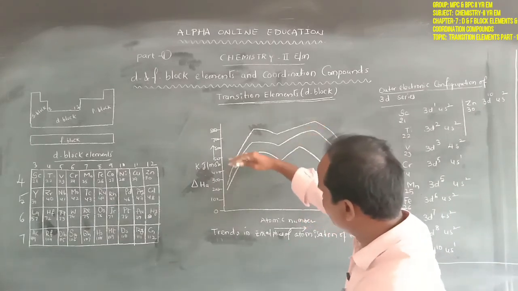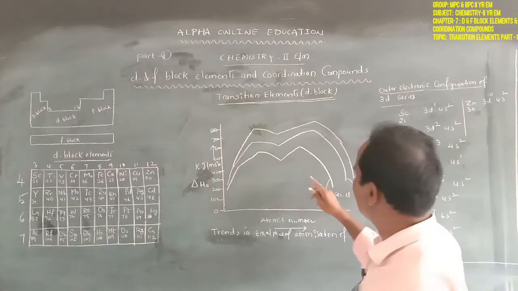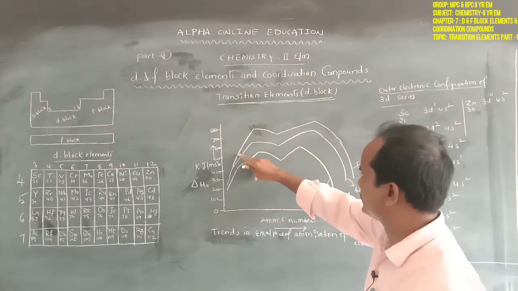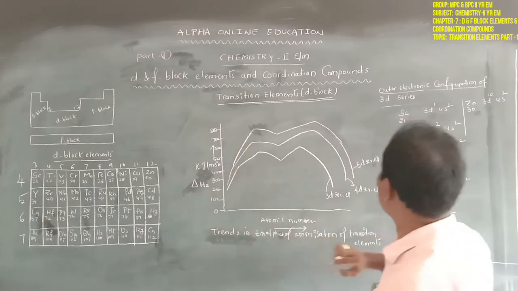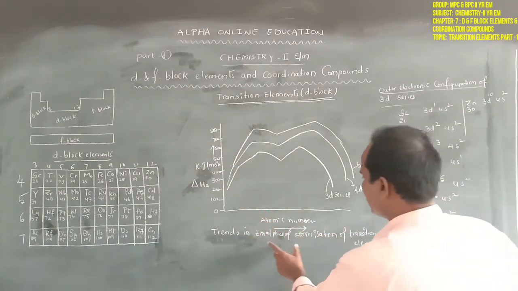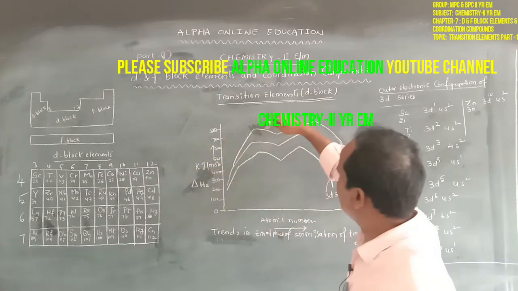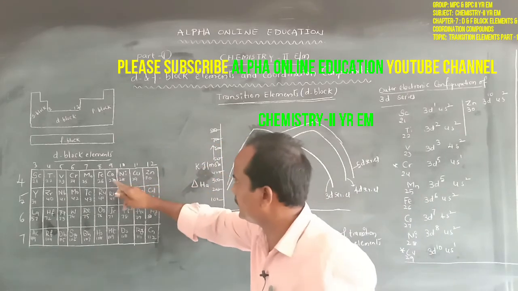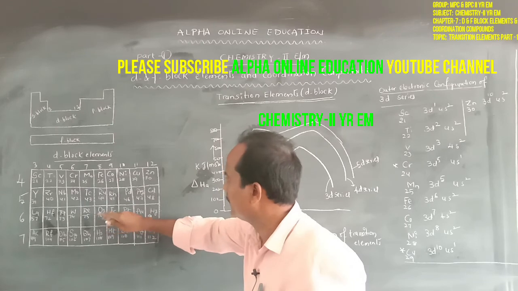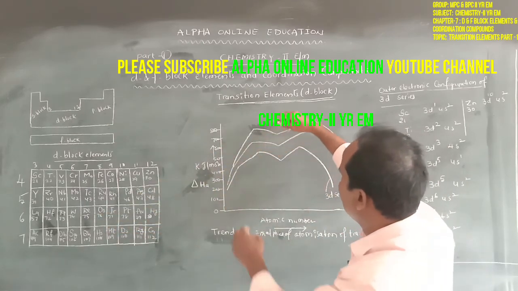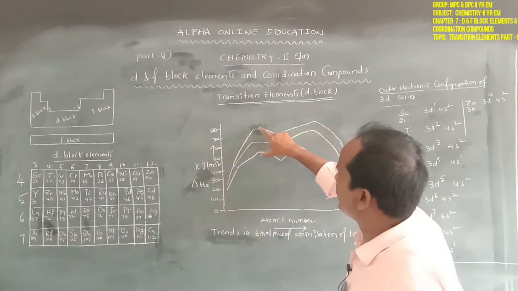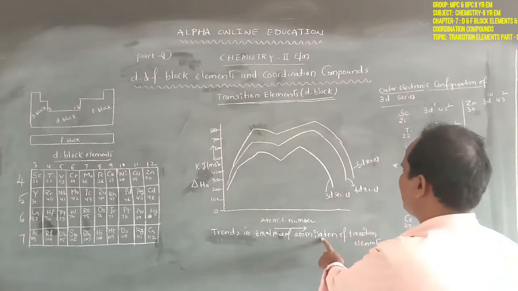In the beginning of the 3d, 4d and 5d series, almost all elements have low enthalpies of atomization. Gradually, in the middle of the series, the elements have high enthalpies of atomization.